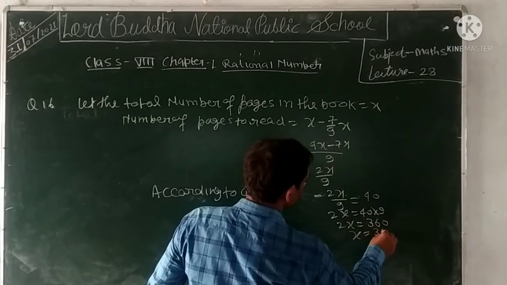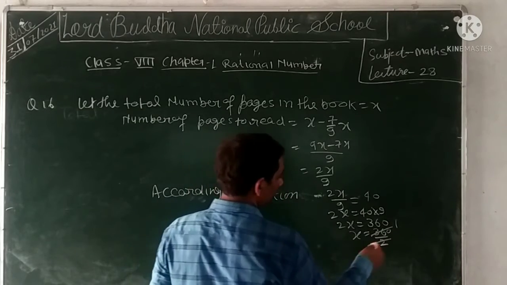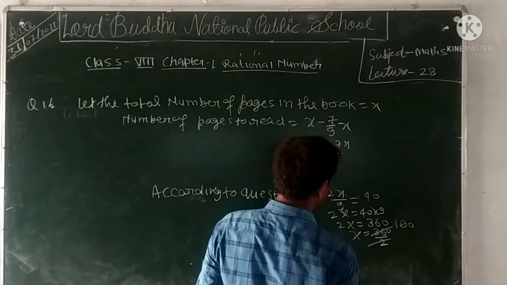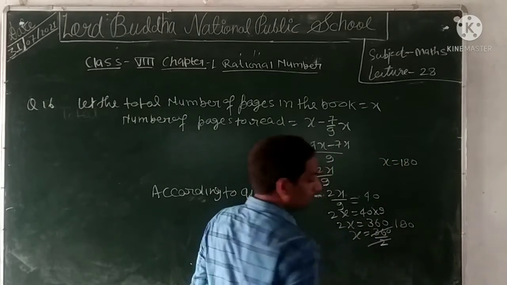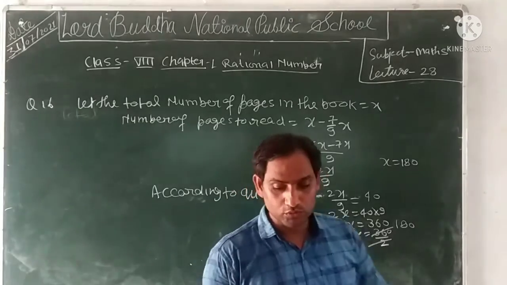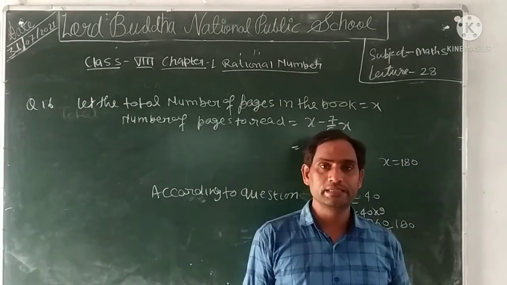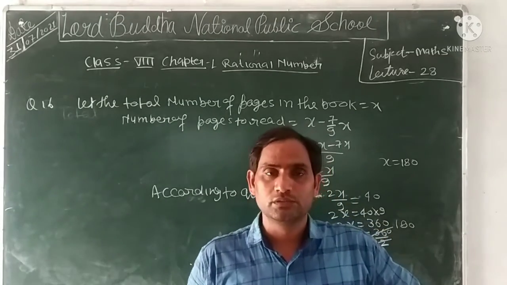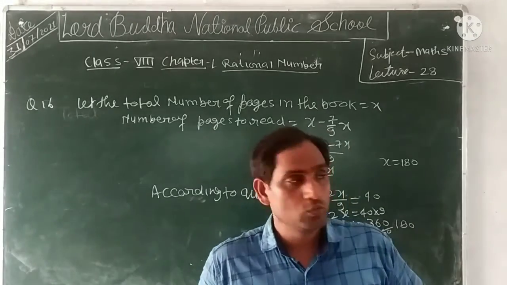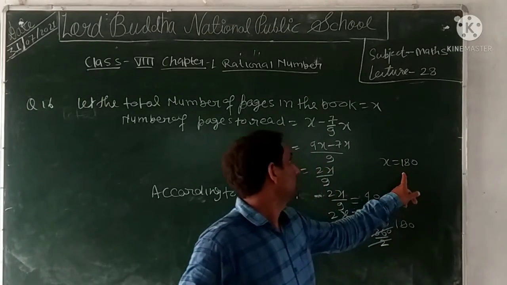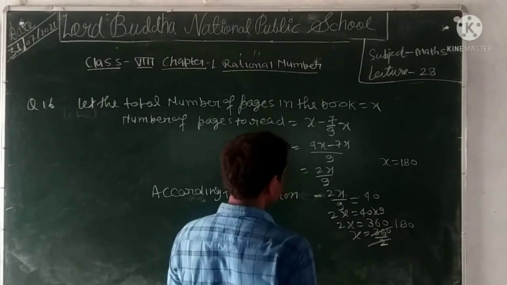X equal to 360/2. X equal to 180. So 180 is the total number of pages in the book. Okay, you can verify your answer if you want to.